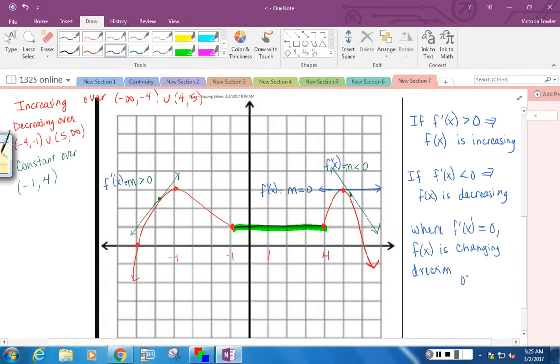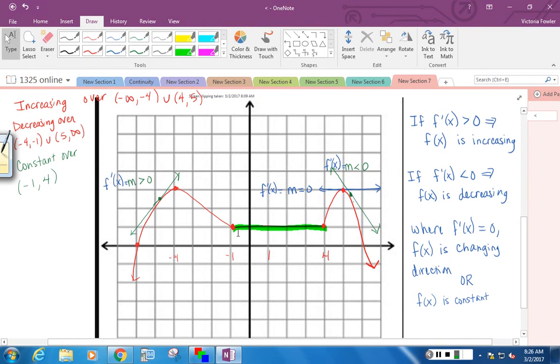Or it could be that we're talking about over an entire interval, where the function then is constant. Okay, we need to be careful on this.